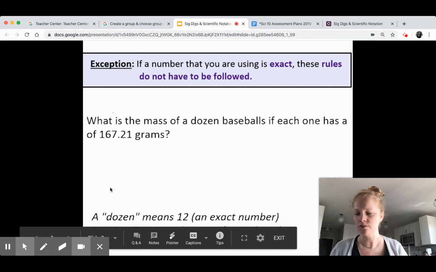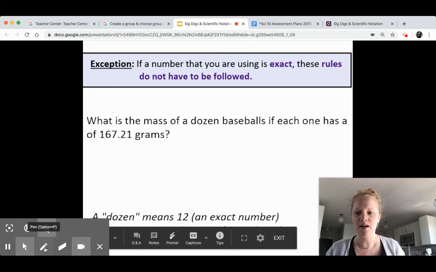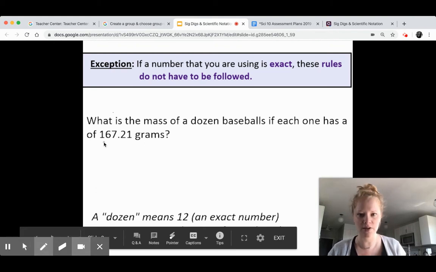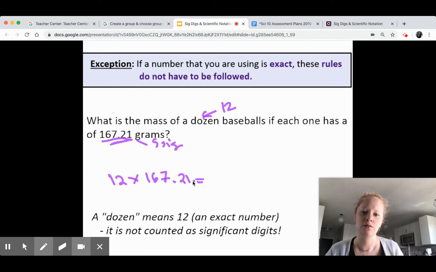Okay, exception to the rule. If the number is exact, you don't have to follow those rules. So for example, if it's telling you you have a dozen, that's an exact number. That's 12. Okay, I am not counting only 2 sig digs here. That is not an accurate representation of what we are dealing with. I am actually going to get 5 sig digs in this question. So when I multiply it, 12 times 167.21 grams, I should get 2006.52.